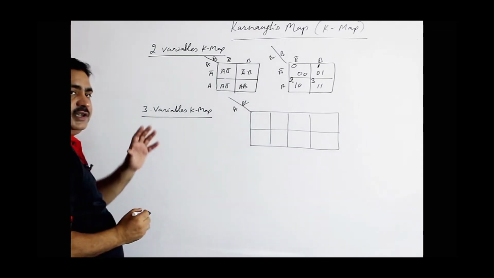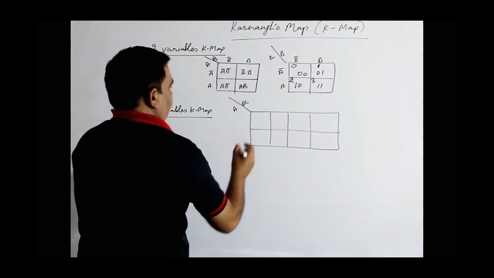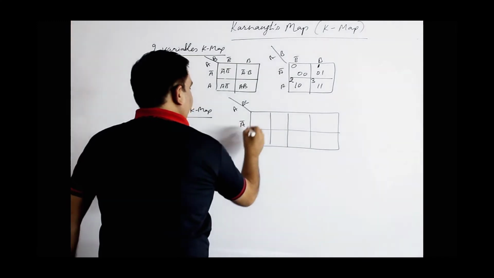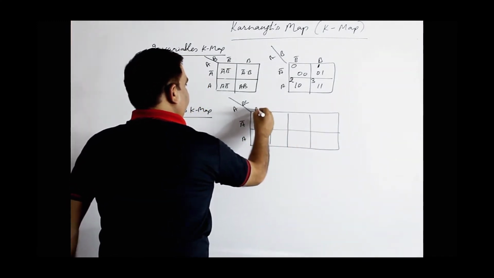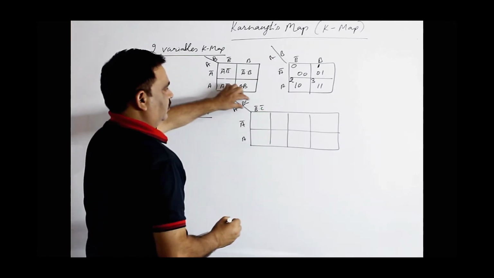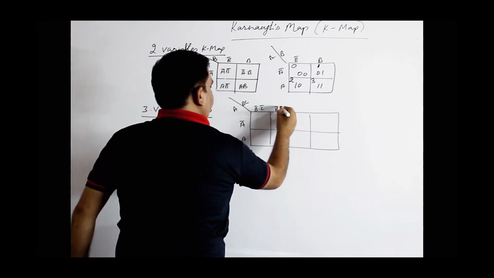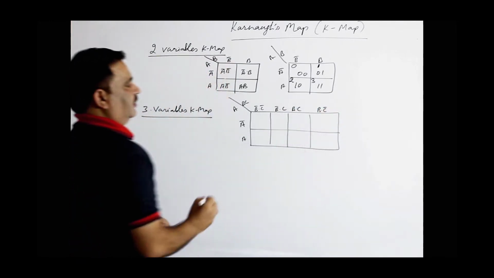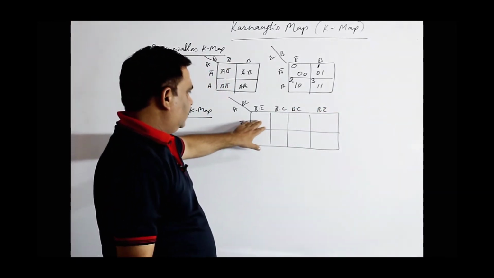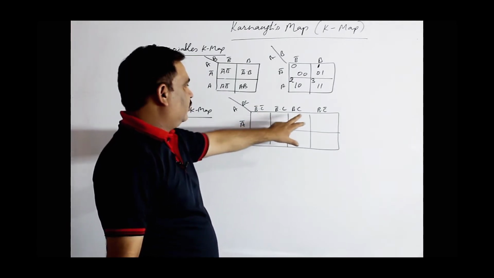This is for 3 variables A, B, C. Here you have to write A complement and A for this row and this row. For the first column you take B complement dot C complement, both complemented, then B complement dot C, B C, and B C complement. So, this way you have to write.